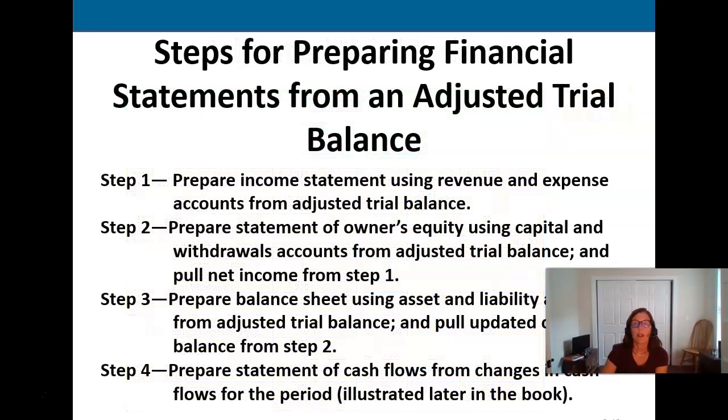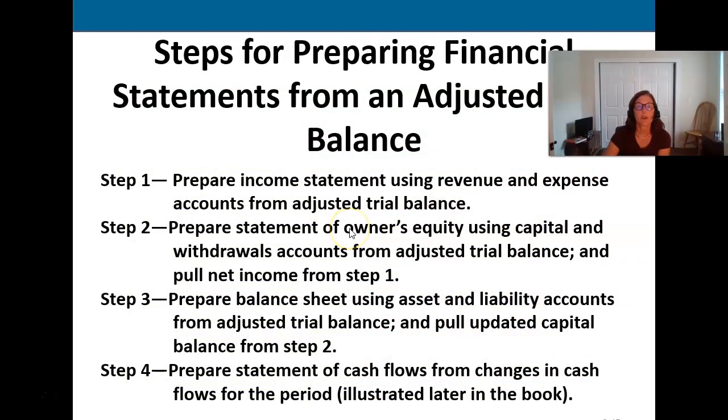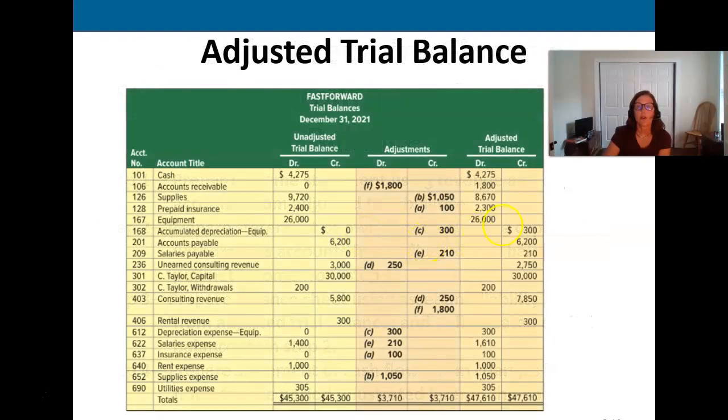Now once we've done that, and the worksheet's sort of a handy way to do it, all we're going to do is take the numbers in the adjusted trial balance and do exactly what we did in the last chapter when we prepared the financial statements.